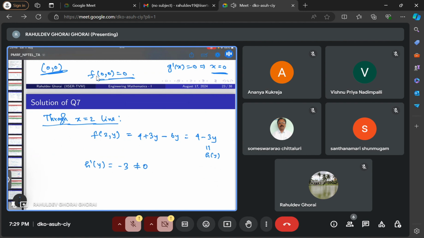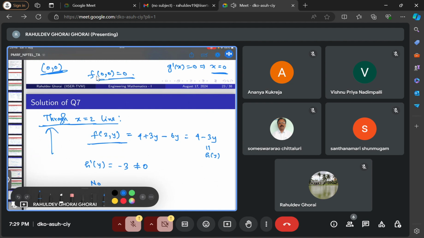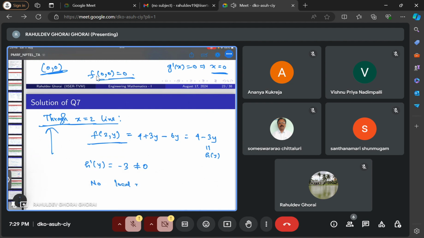So through this line, h dash y is equal to minus 3, not equal to 0, which means h has no local maxima or minima for a one variable function. So this will not have any local maxima or minima. That implies through this line x equal to 2, no local max or min.